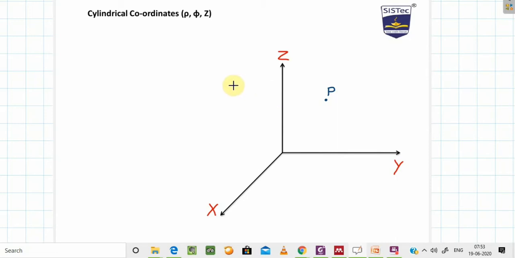Okay, so how are we doing this? Now we have the three coordinates. First is rho, and rho is what?